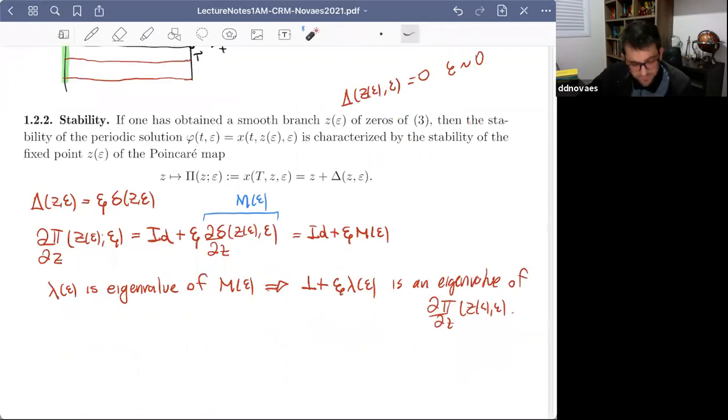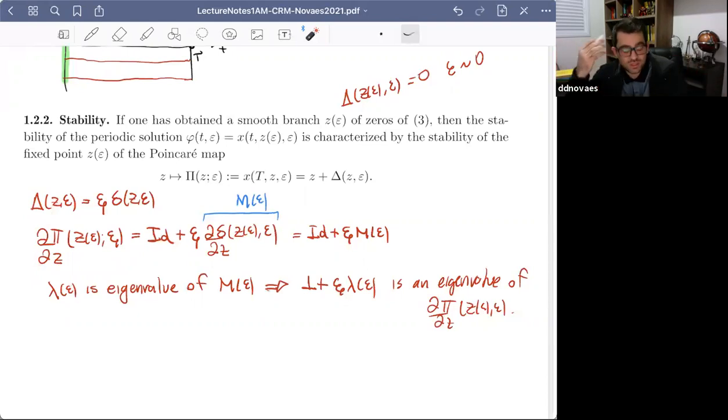If we have a hyperbolic fixed point of the Poincaré map, it is a fixed point such that the modulus of every eigenvalue of this matrix is distant from 1.